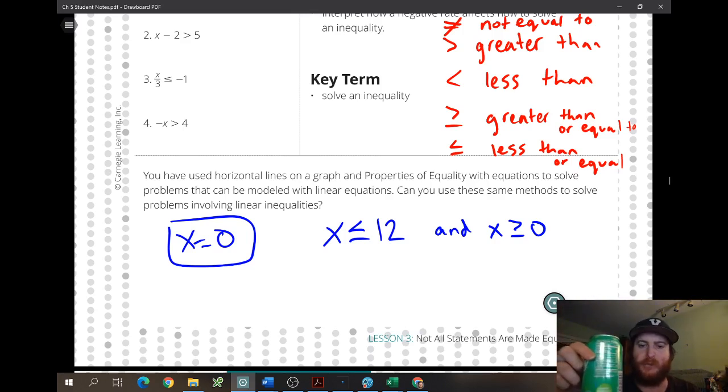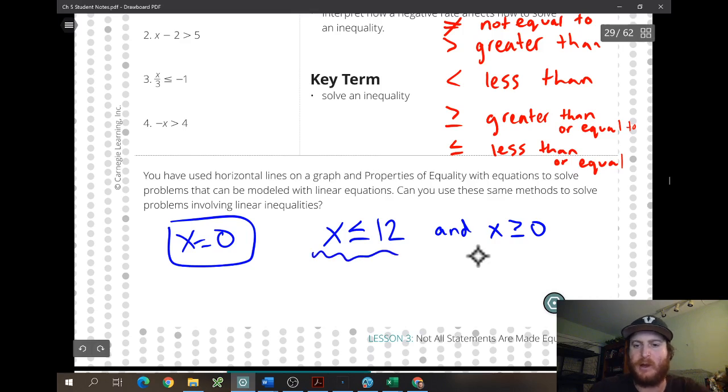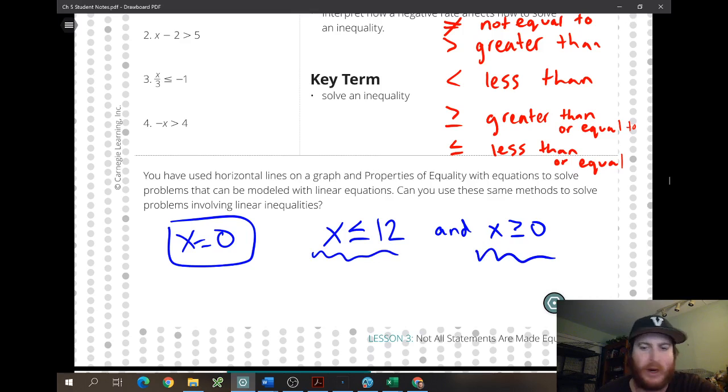It might be full, it might be a little less than full, but it's some number in between 0 and 12. We can't see inside of it. So we just know it's some number that's less than 12 and also greater than 0. But without actually measuring it or pouring it into something, that's pretty much as far as we can get. And so inequalities help us with that uncertainty.